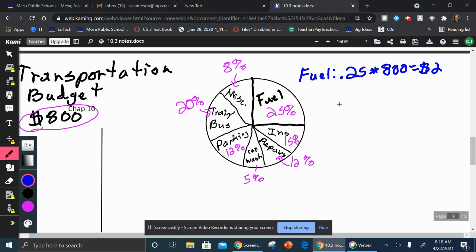We get 200. Okay, our car insurance is 15%. So 120. Okay, and then we have repairs and parking.